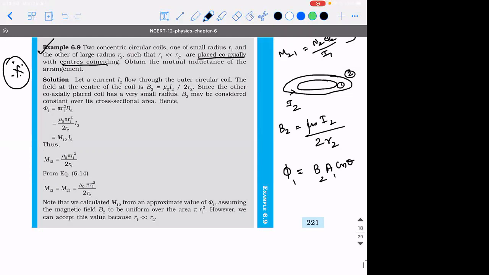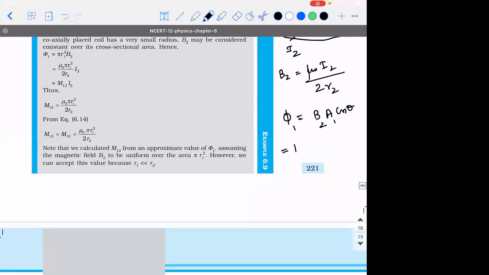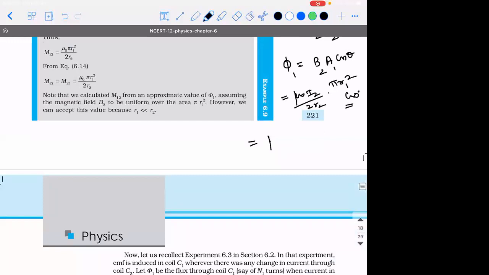So I need to take the area of the first coil and the angle between B and A. B2 is mu naught I2 divided by 2R2, into A1, which is pi R1 square, into cos of 0 degrees. So the flux is mu naught pi I2 R1 square divided by 2 R2. Let me call this equation number 1.